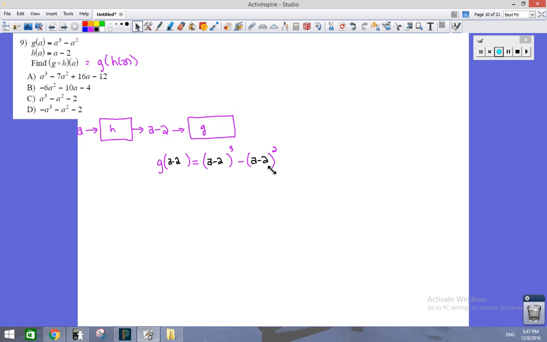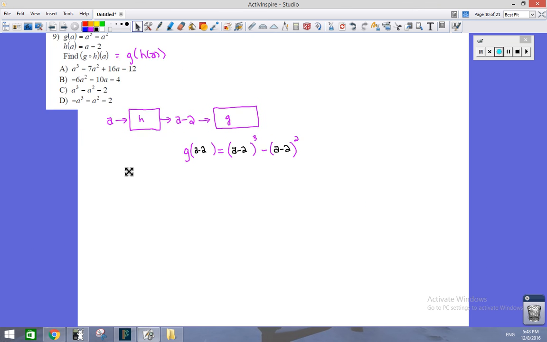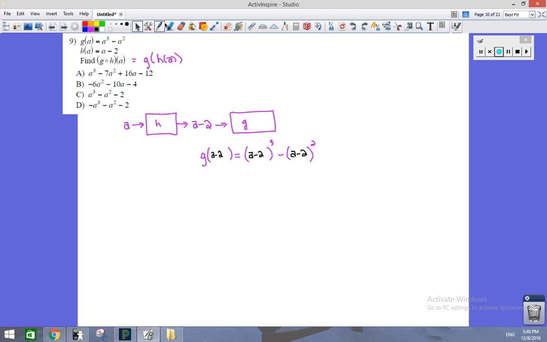So it's almost a problem within a problem. So right now, let's come over and just figure out what this expression is going to be. And in the process, we're actually going to find a minus 2 squared, because down here is my scratch work.